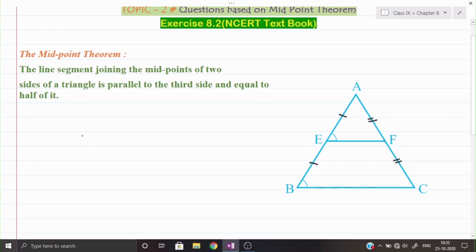So first of all we shall mention the given things here. What exactly is given, which we require to apply the midpoint theorem. I will write it down clearly here: given, required to apply the midpoint theorem.